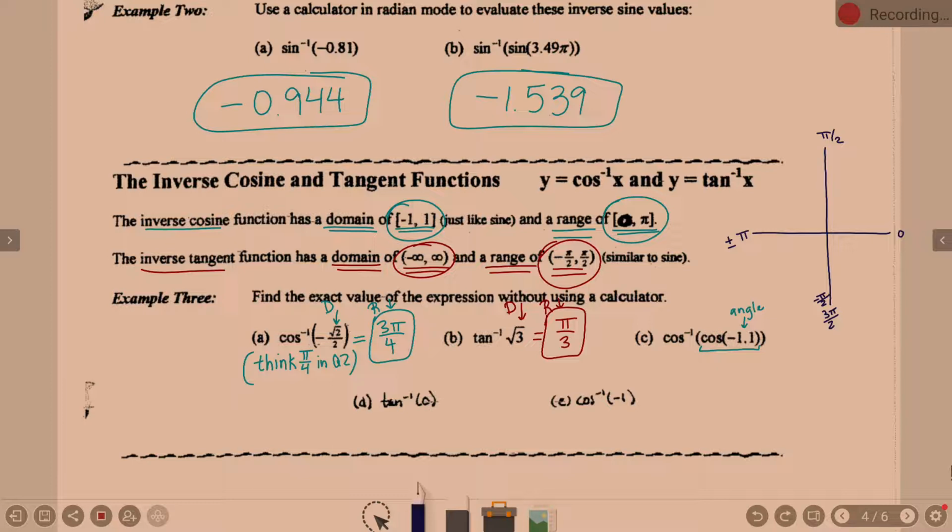If we think in terms of negative pi over 2 here, pi is 3.14, and 3.14 divided by 2 is 1.57. So when I say negative pi over 2 here, this is negative 1.57. Negative 1.1 is going to be before you get there.